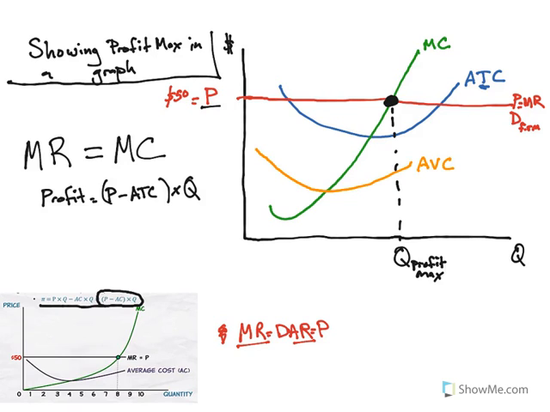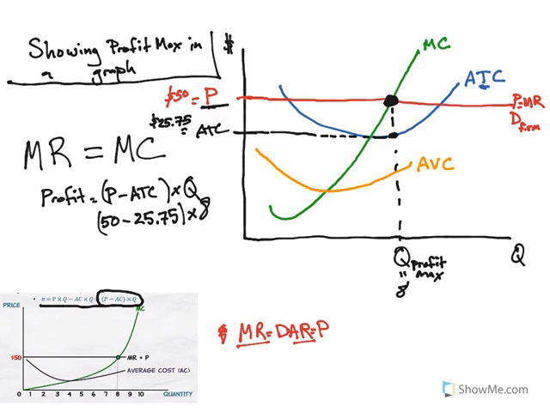So this is our price, and this is the average total cost of that quantity, which I believe in that video was $25.75. So our price is $50, our average total cost is $25.75, and the quantity in the video was 8 units.